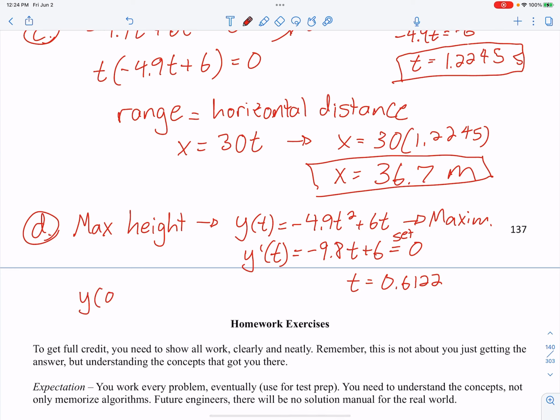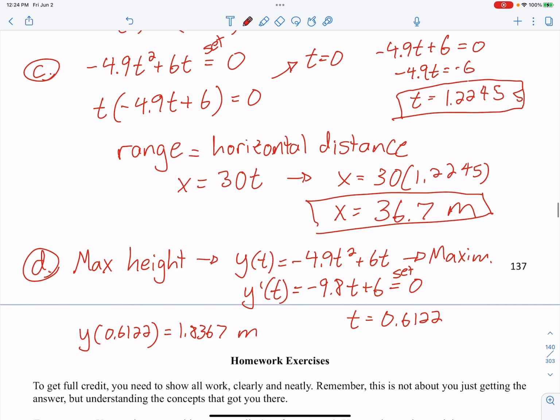So y of 0.6122 is going to be negative 4.9 times that answer squared plus 6 times t again. So I got 1.8367 meters.